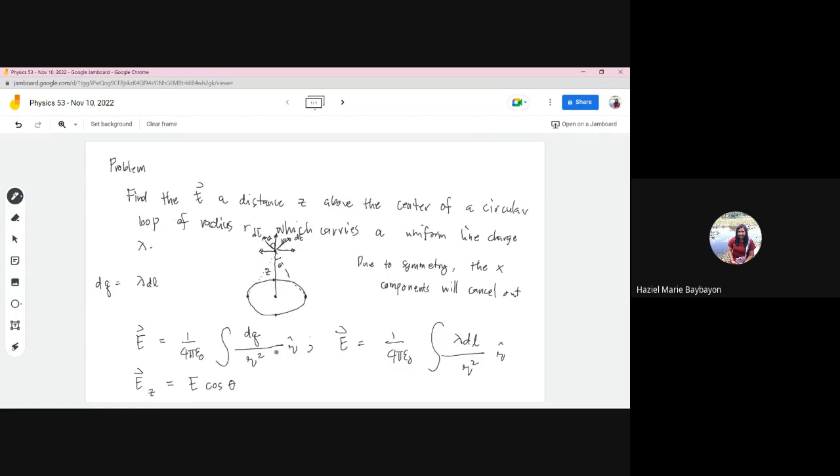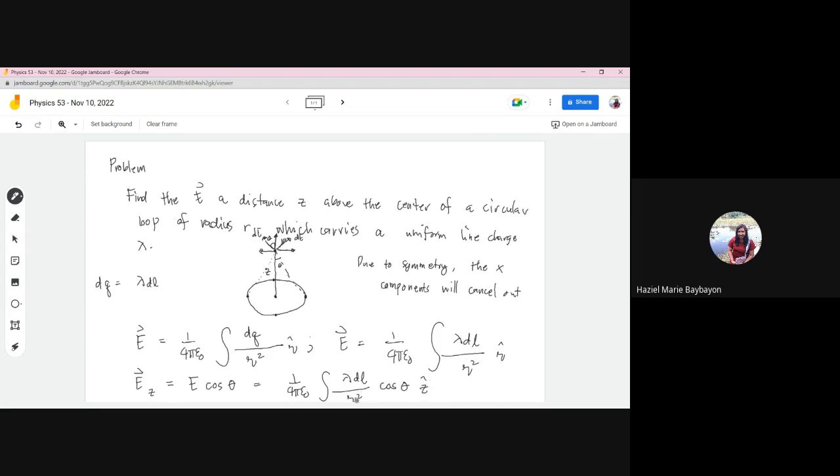So, kini nga electric field, i-multiplyan lang nato og cosine theta. So, we can rewrite this as 1/4 pi epsilon naught integral of lambda dl over r squared, and then you have here cosine theta. Now, let us determine r squared. This is along the z-hat axis.